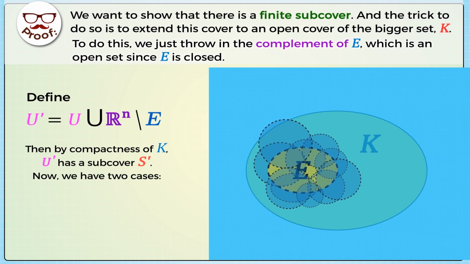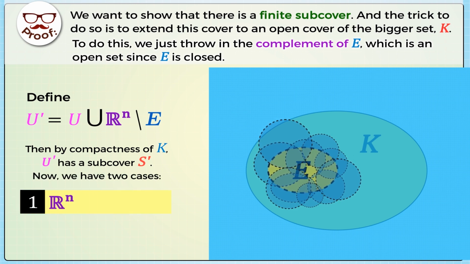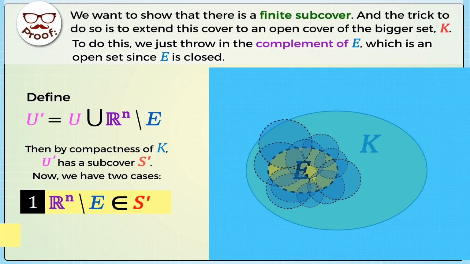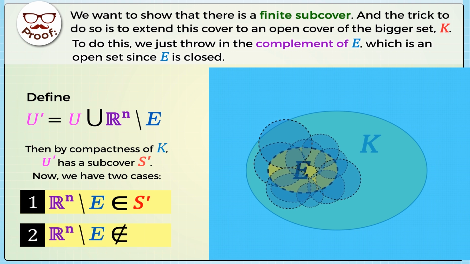Now, we have two cases. Either S prime contains Rn minus E, or it does not.